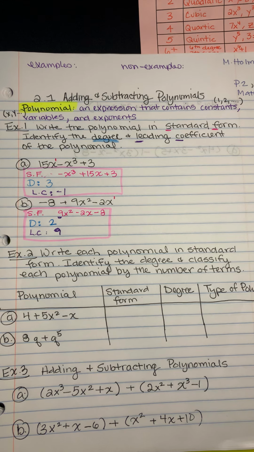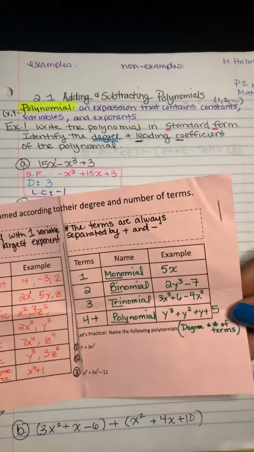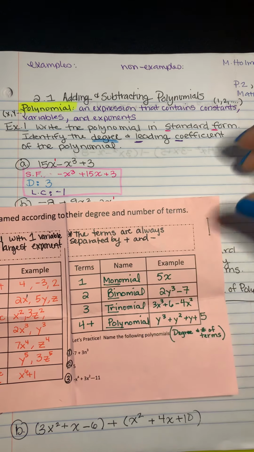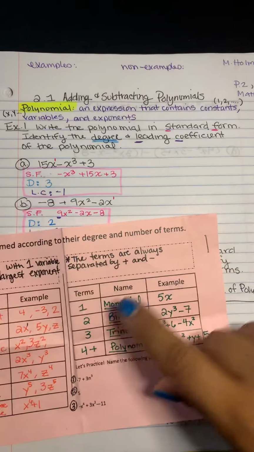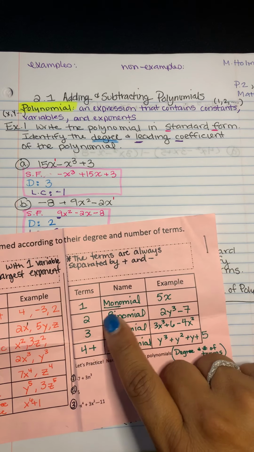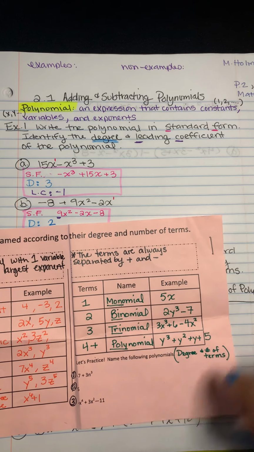Identify the degree and classify each polynomial by the number of terms. That means we're going to name each polynomial by the number of terms. So 1 is monomial, 2 is binomial, 3 trinomial, 4 is polynomial.